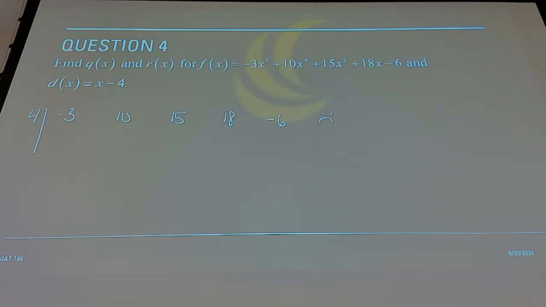What's missing? Is it a number to the power of three? Yeah, you need a placeholder. So it'd be 10, 0, 15. Would it be a 1 or 0? 0.